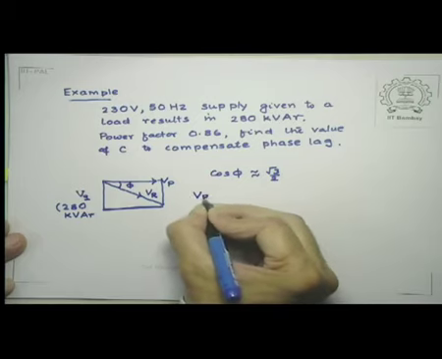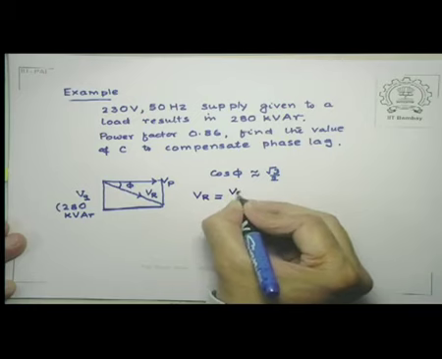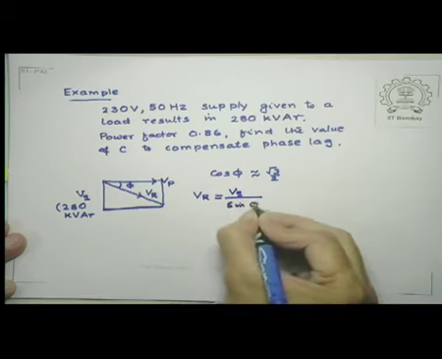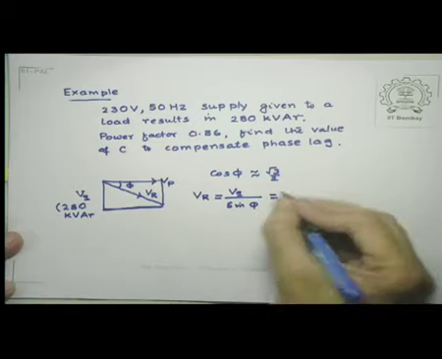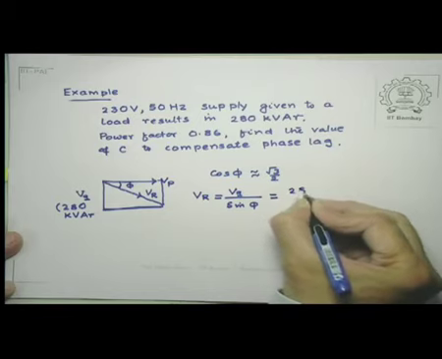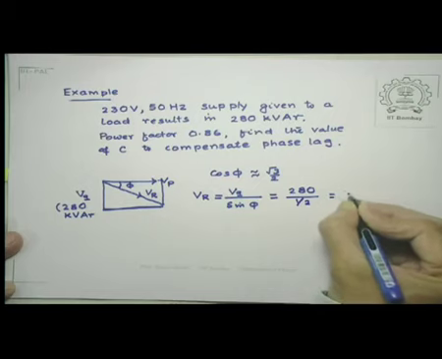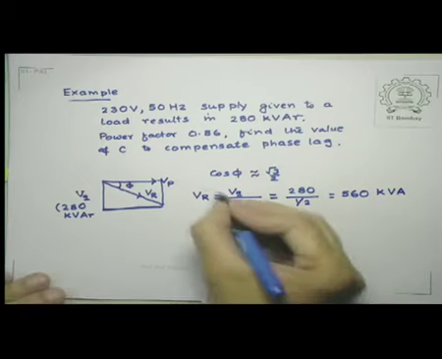So my apparent power VR is Vq divided by sin phi, and since cos phi is √3/2, sin phi is half. So this is equal to 280, which is what is given for Vq, divided by half, which is equal to 560. Remember the units, it's kilovolt amperes. This is the apparent power.